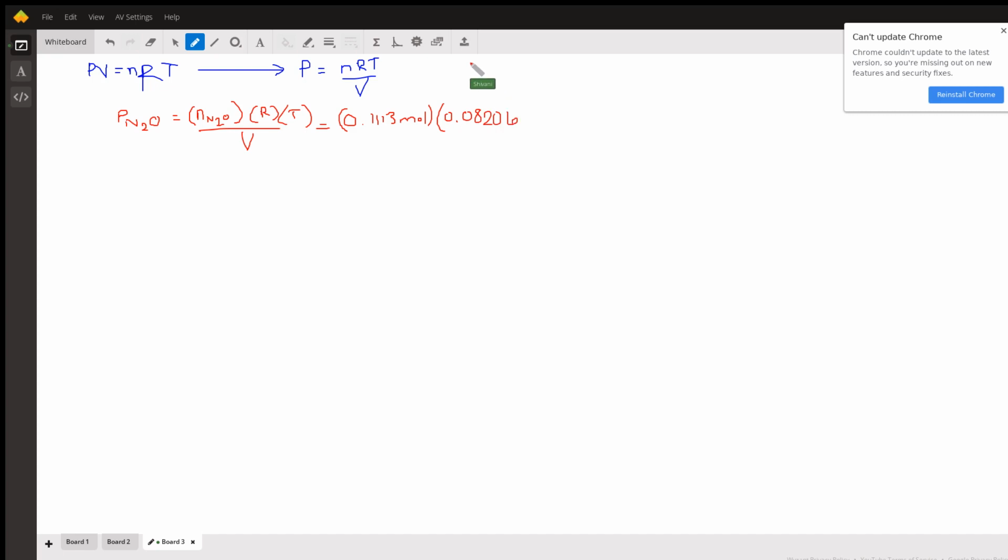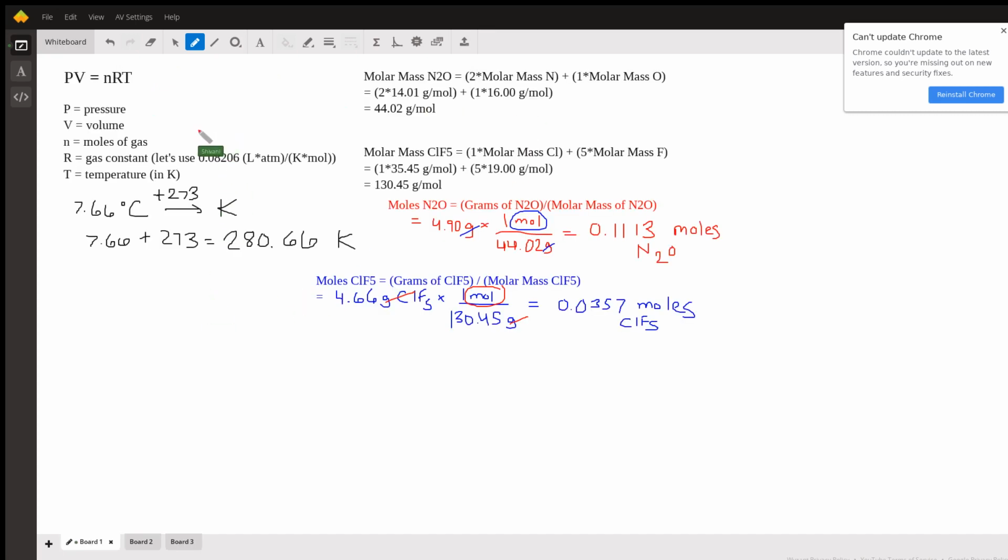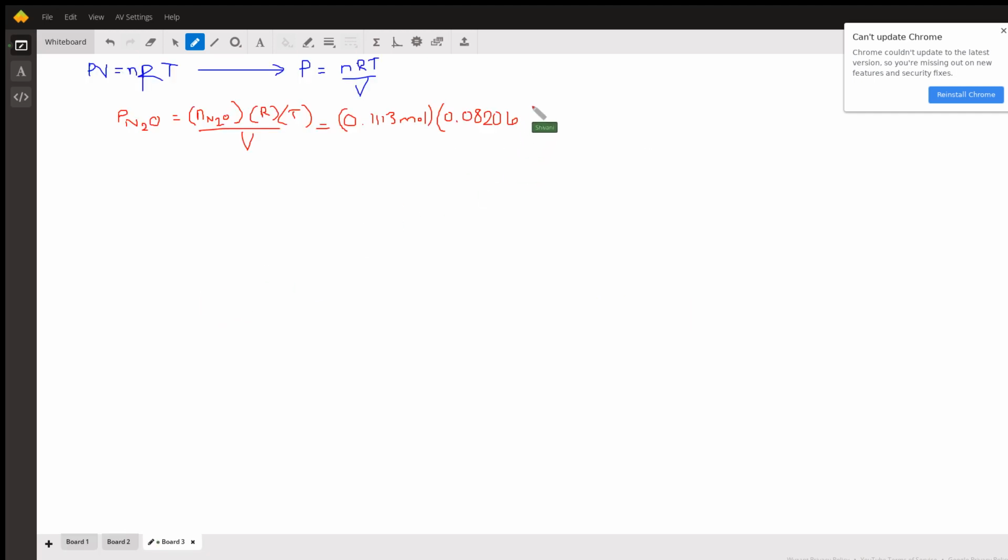Let me just double check that value. And the units are liters times atmospheres over moles times kelvins. And the temperature was 280.66. And the volume is the volume of the container, which is 7.00 liters.